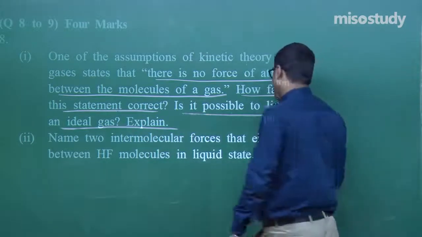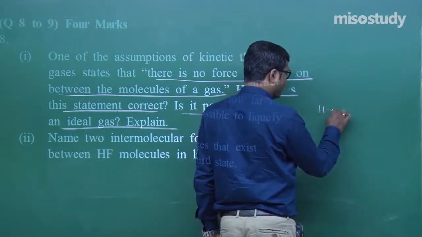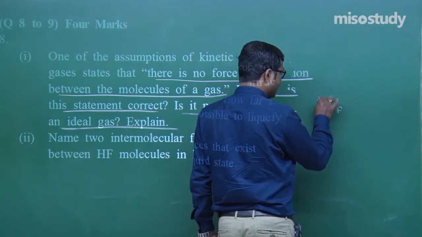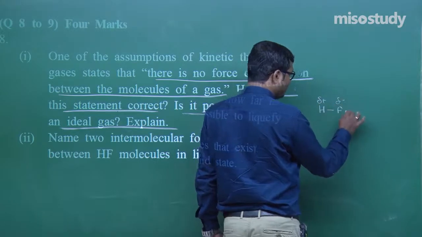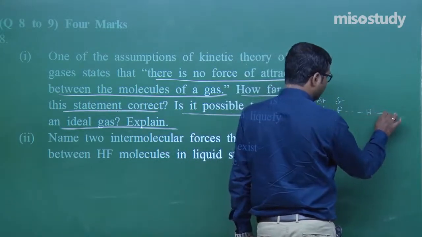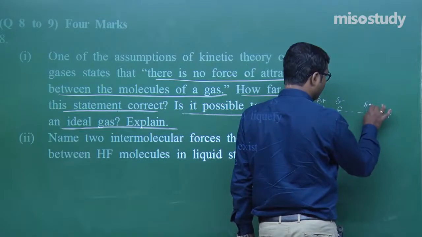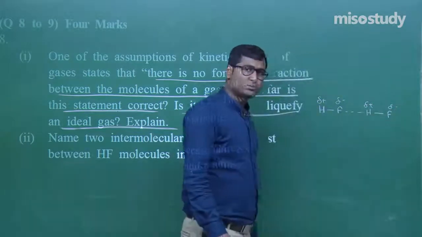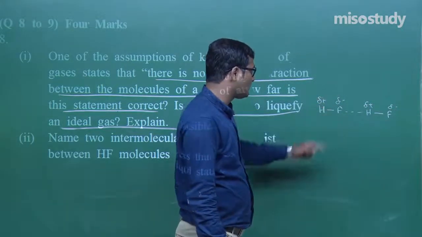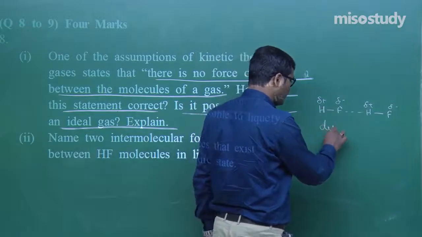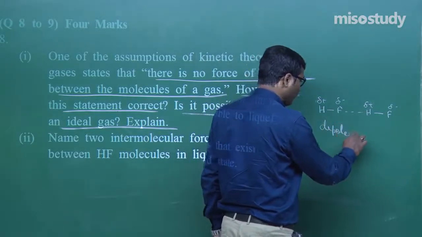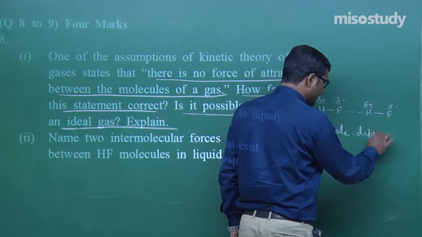As we know, the HF molecule has a polarity, delta plus and delta minus, and when it associates with other HF molecules, delta plus and delta minus, there are two possibilities. There is dipole interaction.